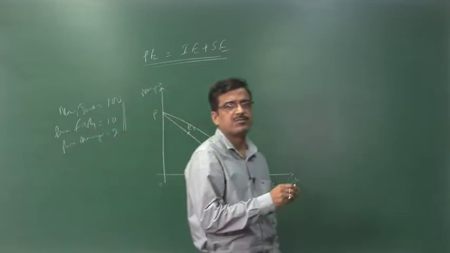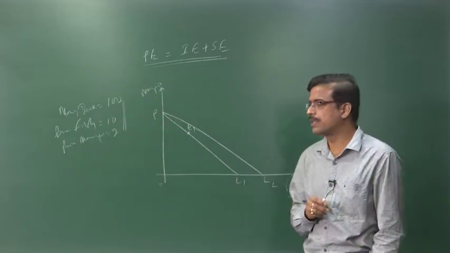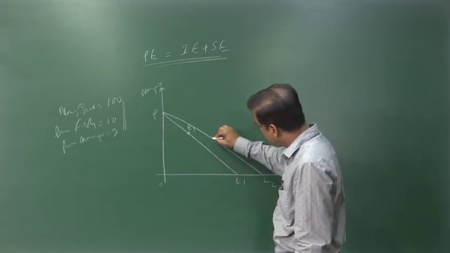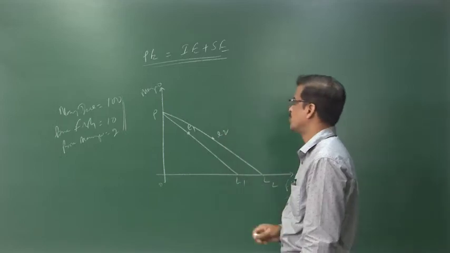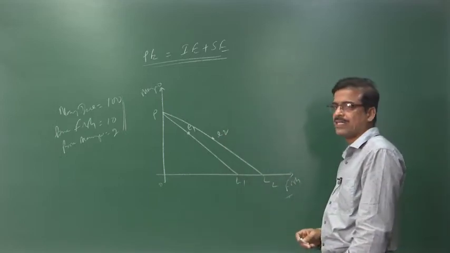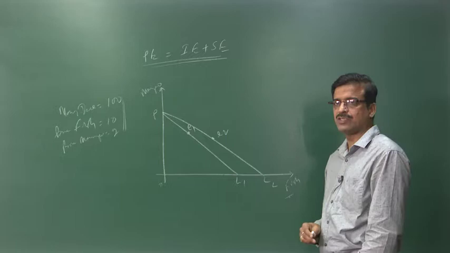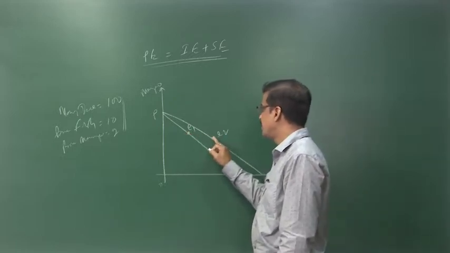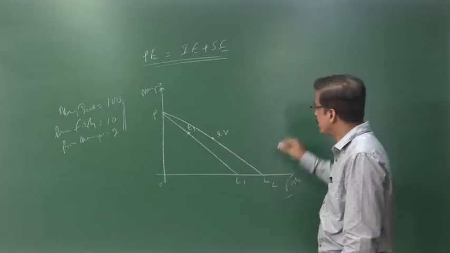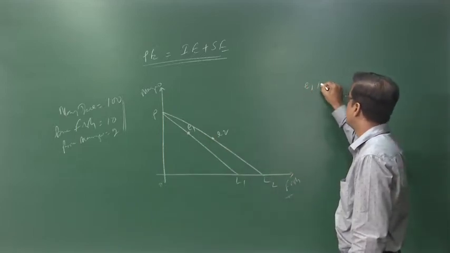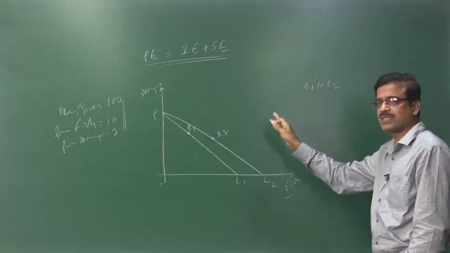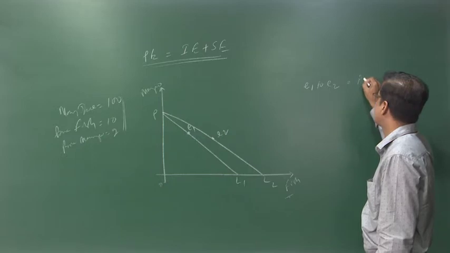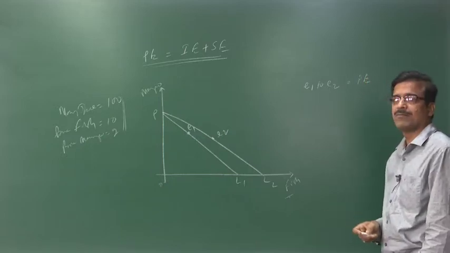The price line moves from PL1 to PL2, and it is tangent to a higher indifference curve at the point E2. Now, we know the movement from E1 to E2. The equilibrium changes due to the change in price of the commodities, and that is called the price effect.